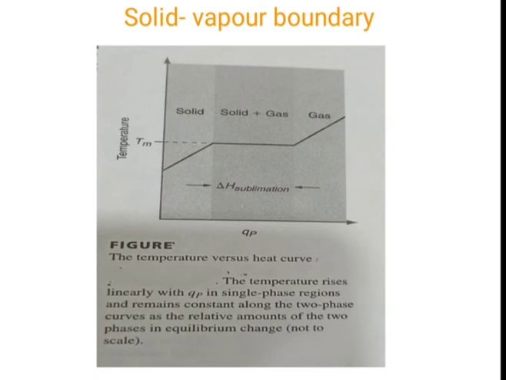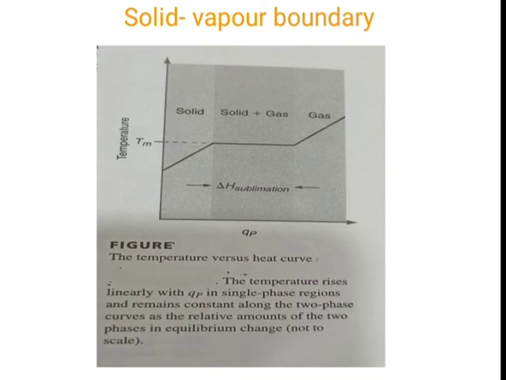So, here are the two phases, solid and gas. Initially only the solid phase is there, in between there are two phases, solid plus gas, and finally only the gaseous phase is there. This is the curve for the sublimation process, and this is a curve of temperature versus heat.